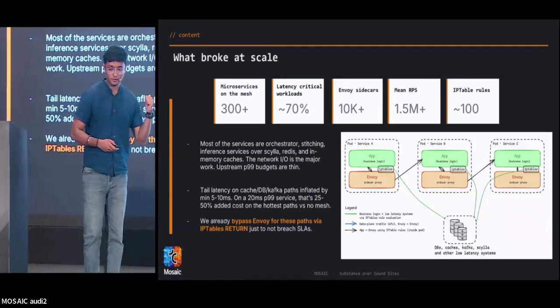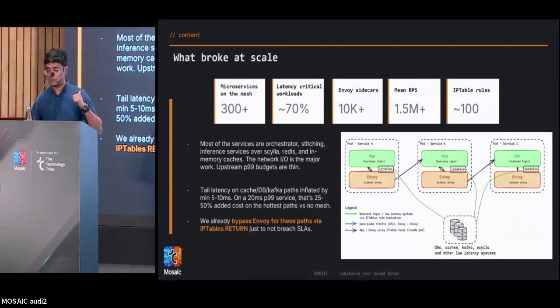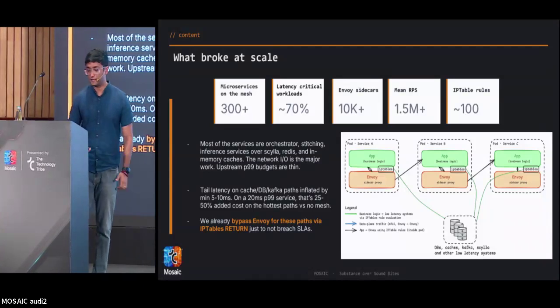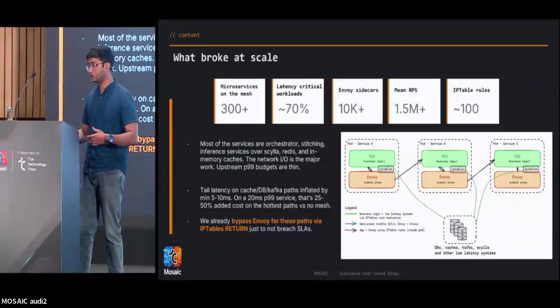Now, like I said before, we had bypass rules to make sure that we do not breach the SLAs, but eventually, at scale, things went wrong.